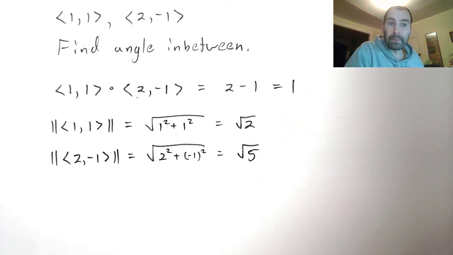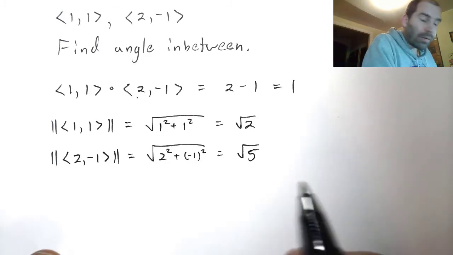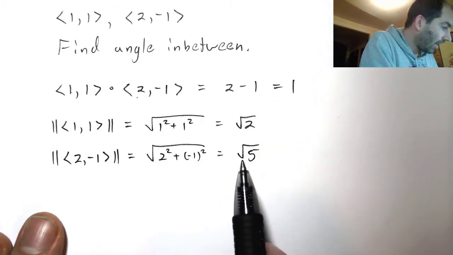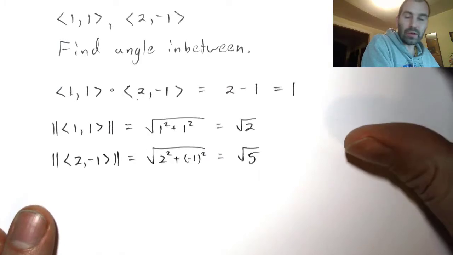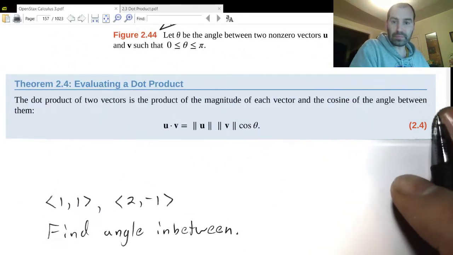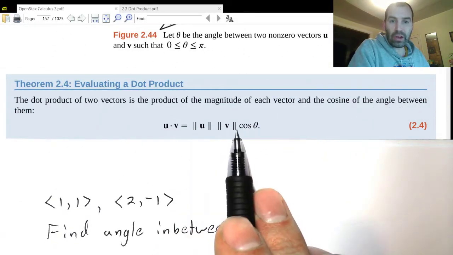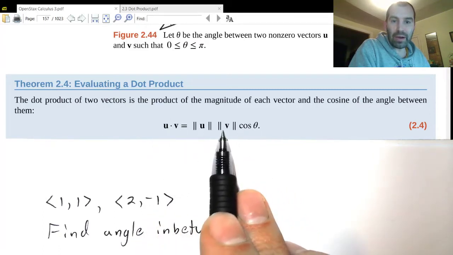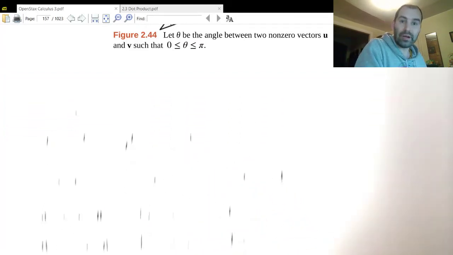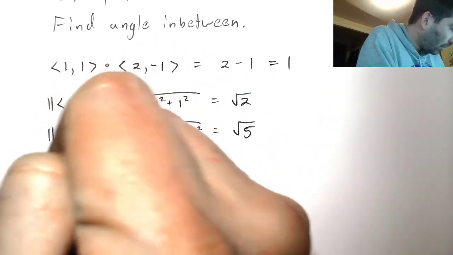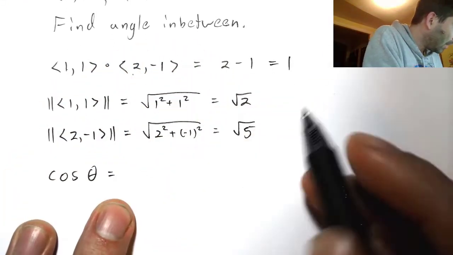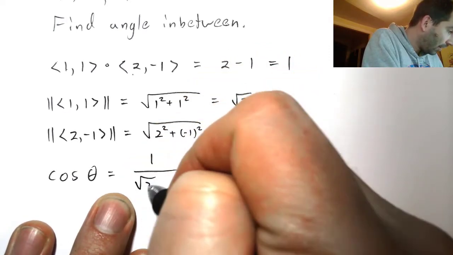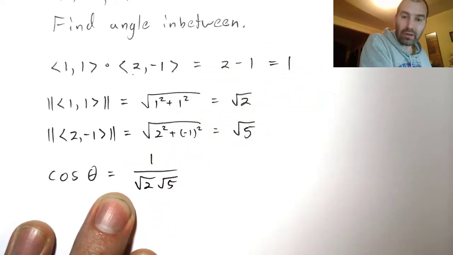Okay. So from our formula, let's go look at the formula again. We know that cosine of the angle is just the dot product divided by the product of the magnitudes, right? So cosine of the angle is the dot product, which was 1, divided by the product of the magnitudes.